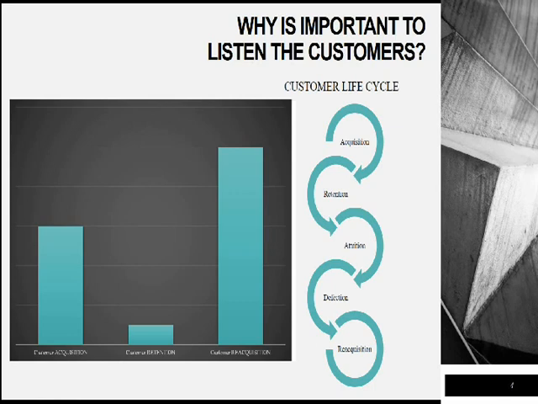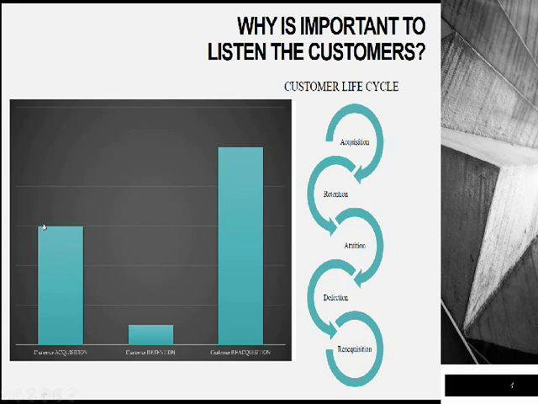In addition, here we can see that there is a customer life cycle. There are 5 steps: acquisition, retention, attrition, defection, and reacquisition. On the left side of the screen, there is a comparison between the costs in regards to the customer life cycle.